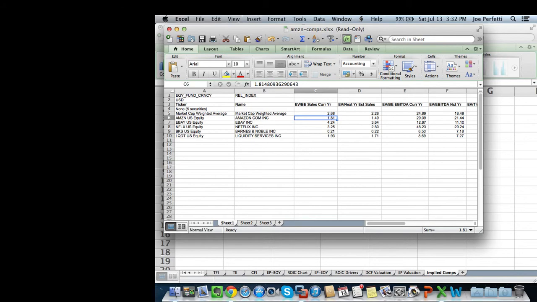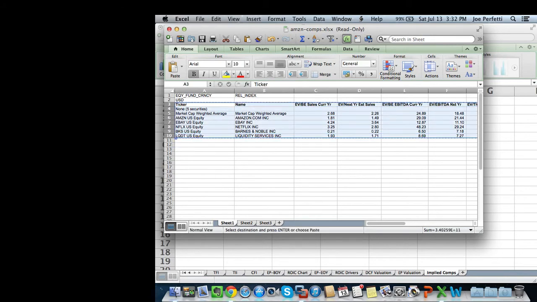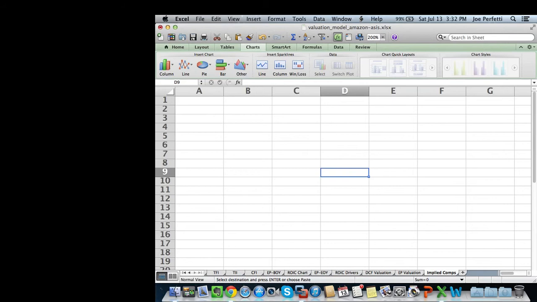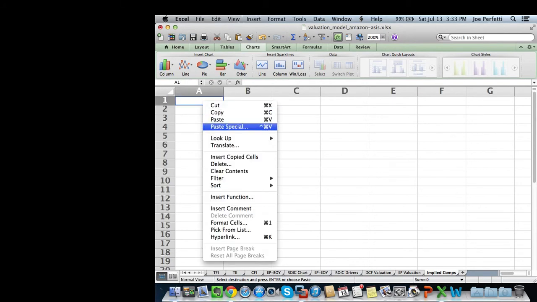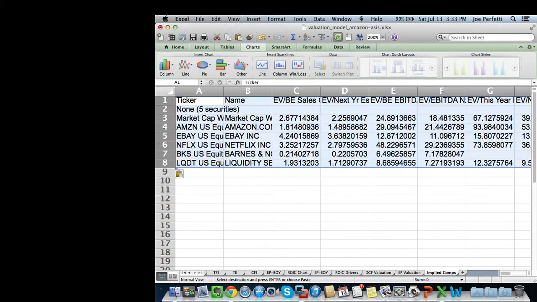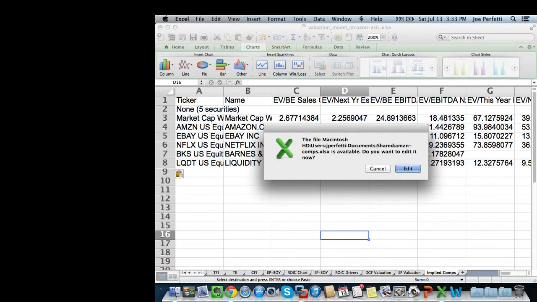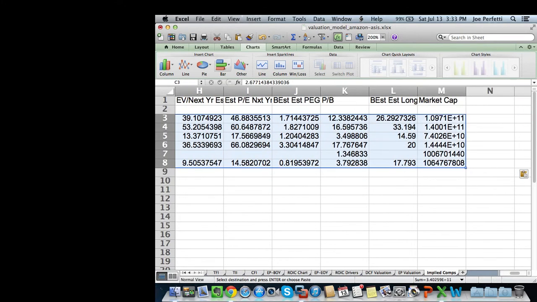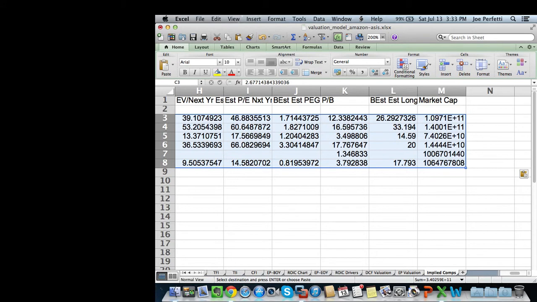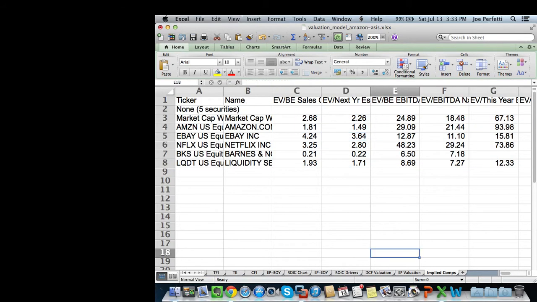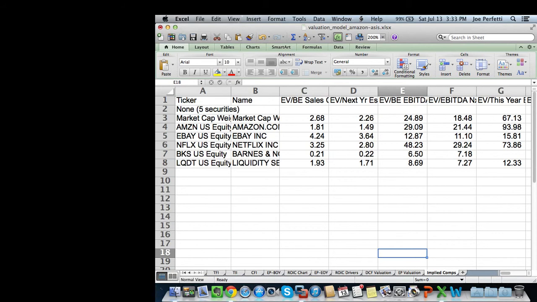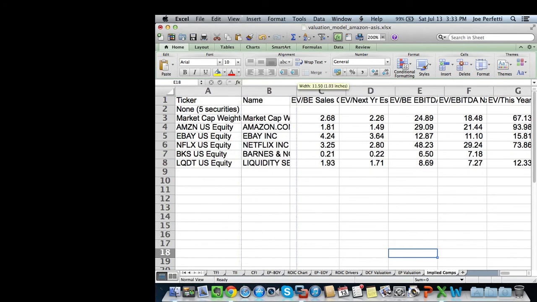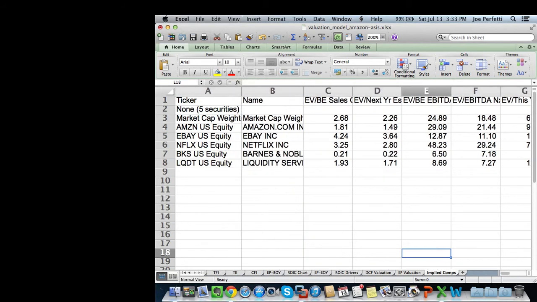And basically, I'm just going to take this data, copy it, and put it in this model, paste special values. And as I said, I'll probably change the formatting here to 2 decimal places just so it's easier to see. All right. In fact, I know who these companies are, so I will wipe out the ticker.